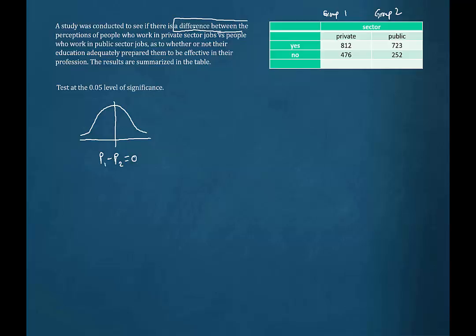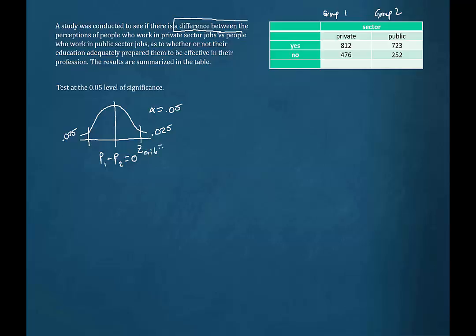Now, since this is a two-tailed test, a difference would be way over to the right or way over to the left. So this is a two-tailed test. And so alpha at 0.05 will be split out into the two tails. And by now we know how to look up these critical values.